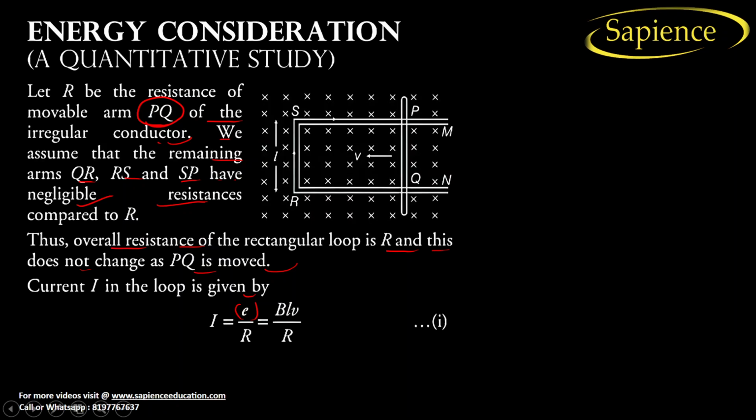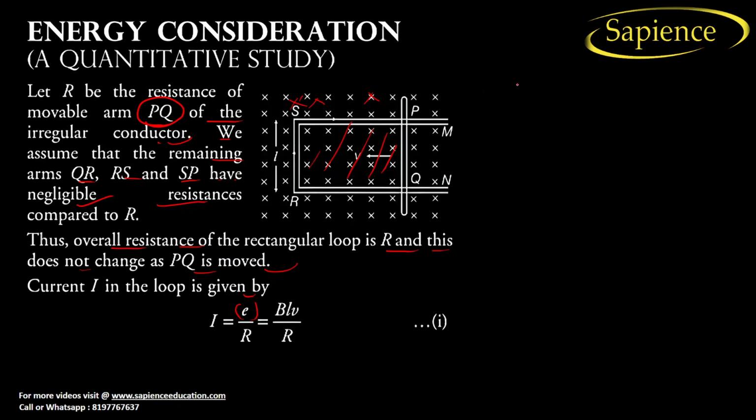Okay, now let us see here. Try to understand. If you observe this circuit, there is no current, and the magnetic field is perpendicular.